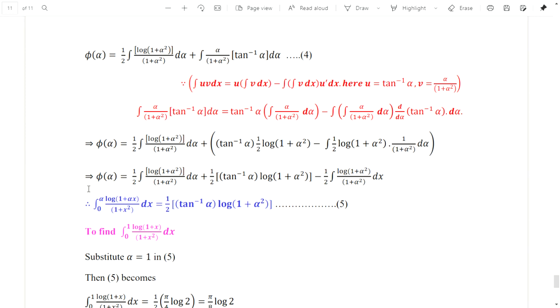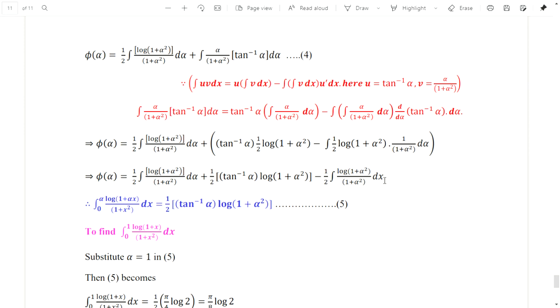That implies phi of alpha is equal to half into integral of log of 1 plus alpha squared by 1 plus alpha squared into d alpha plus half into tan inverse alpha into log of 1 plus alpha squared minus half into log of 1 plus alpha squared by 1 plus alpha squared into d alpha. You look at this. This is plus half and this is minus half into the same terms, so they get cancelled.